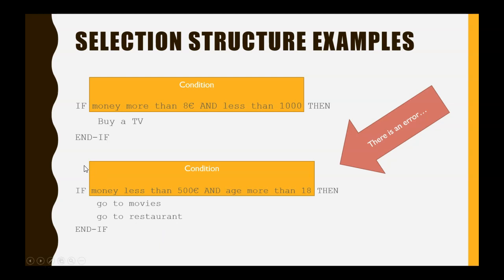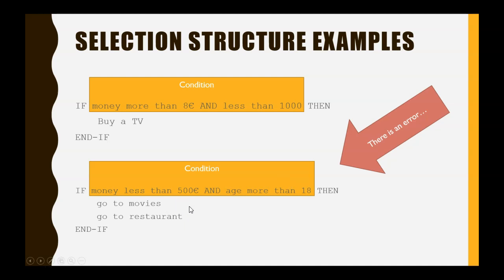But if I don't have any money, I have 0 euros, money less than 500, okay, 0 is less than 500, so the condition is true, and I'm older than 18, so I still go to movies and go to restaurants.